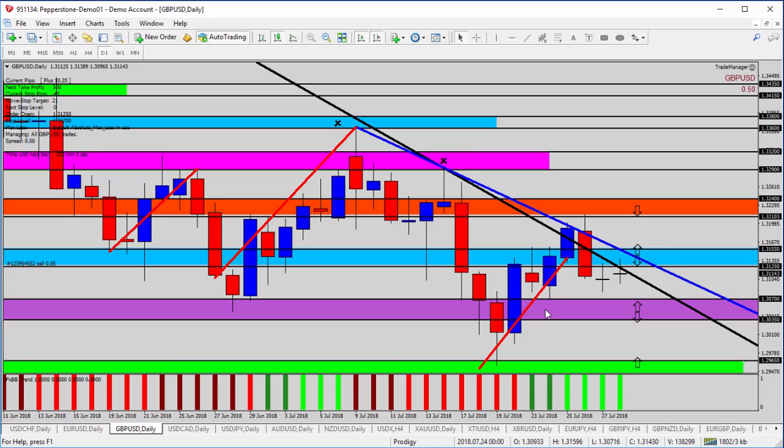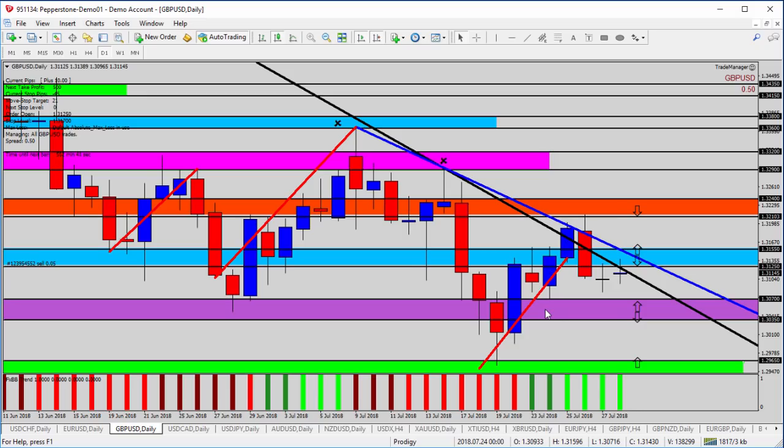To wrap that up, we don't think it would be a good idea to go long and buy underneath the blue zone, 1.312555, because that's resistance. We'd more likely feel comfortable selling risk just above there, targeting the purple zone or the green zone all the way at the bottom of the chart.